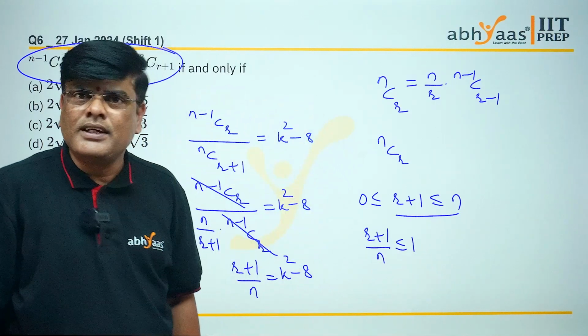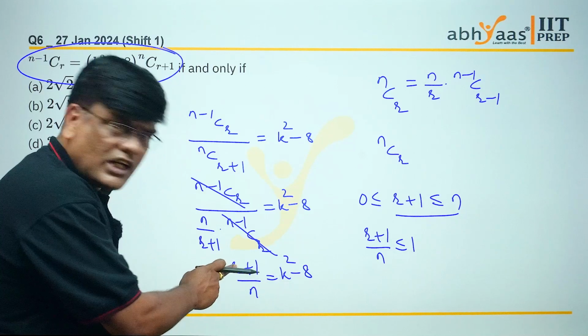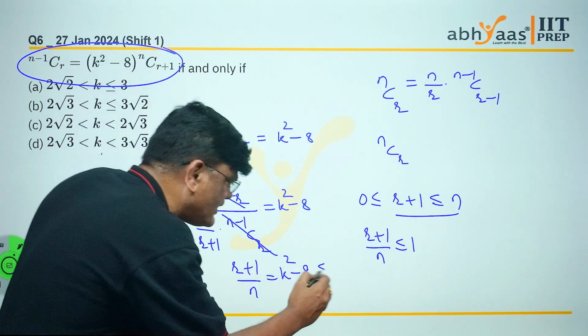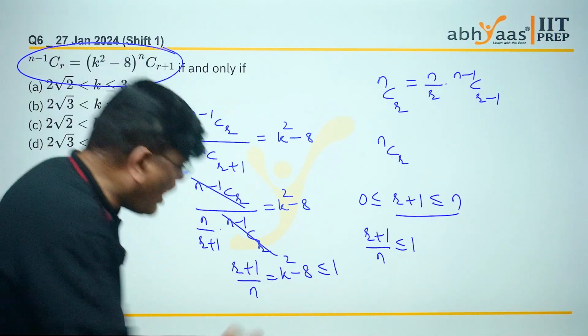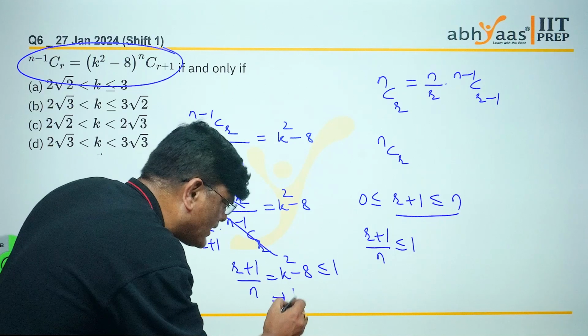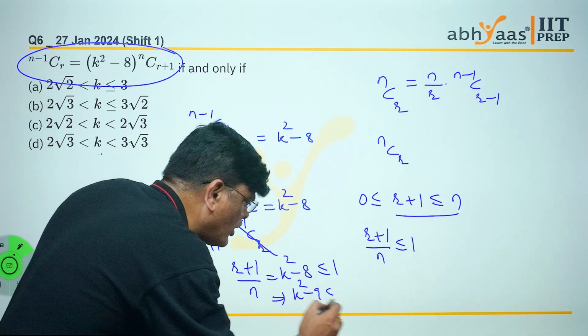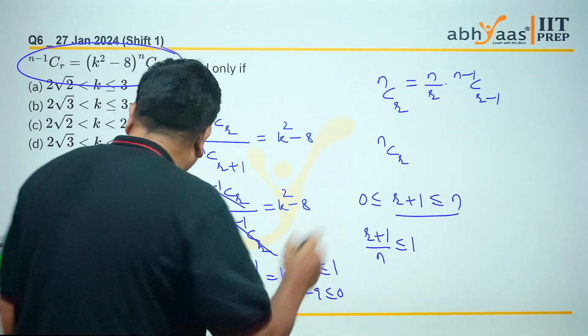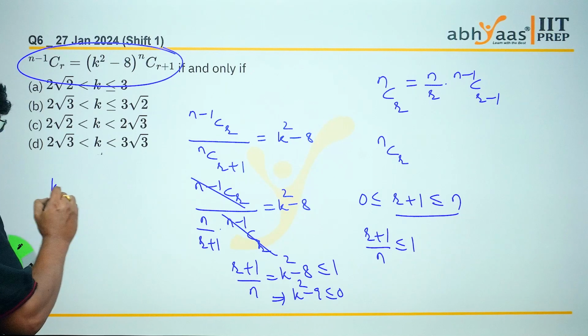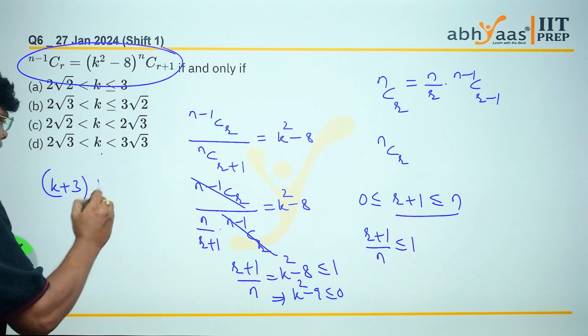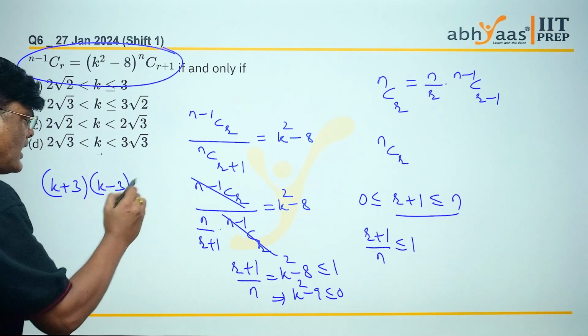Now substitute here: R plus 1 by N is less than or equal to 1, so K square minus 9 is less than or equal to 0. After factorization, K plus 3 into K minus 3 is less than or equal to 0.